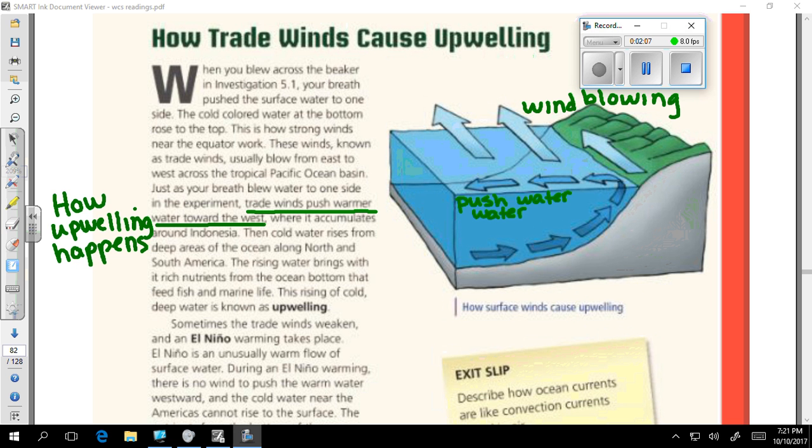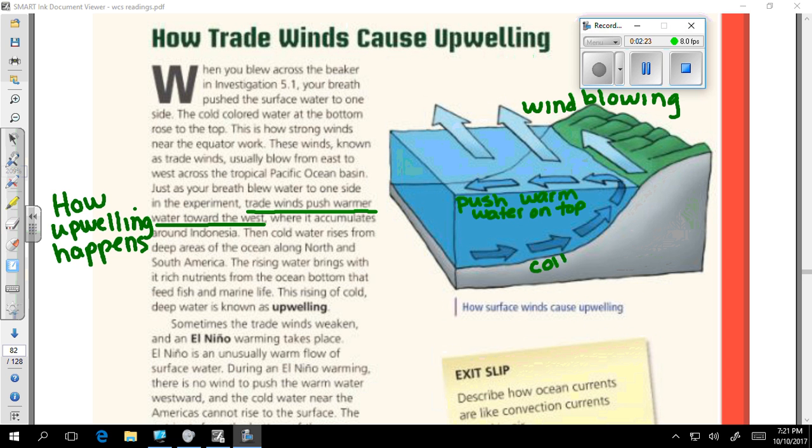So when that wind is blowing, it's pushing the warm water on top away.